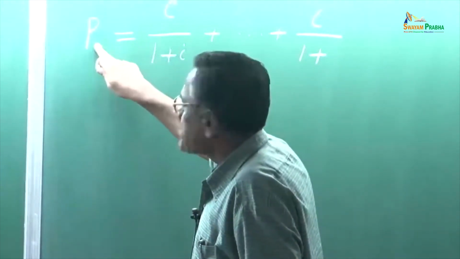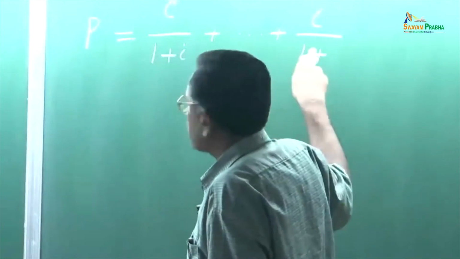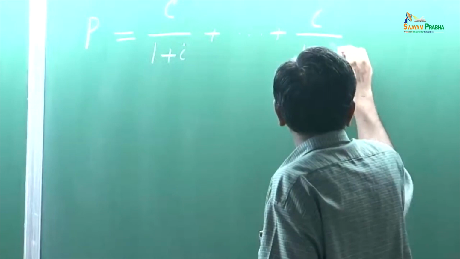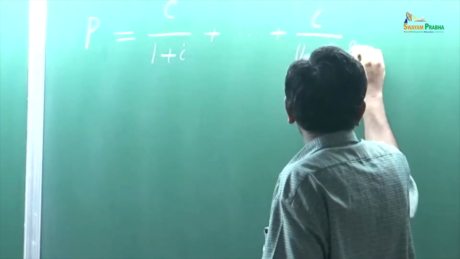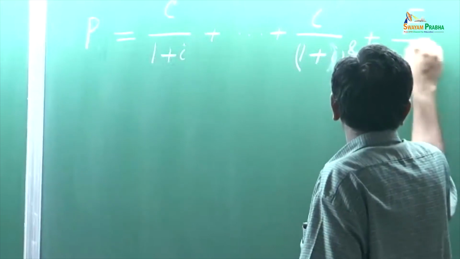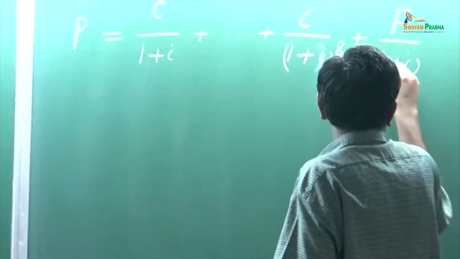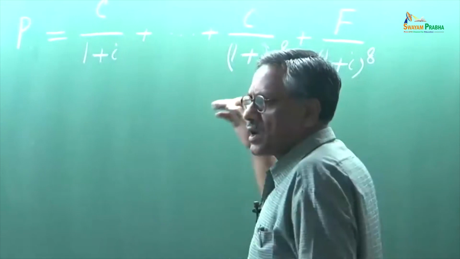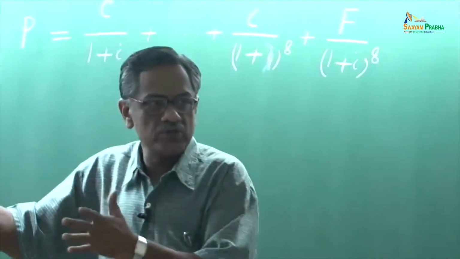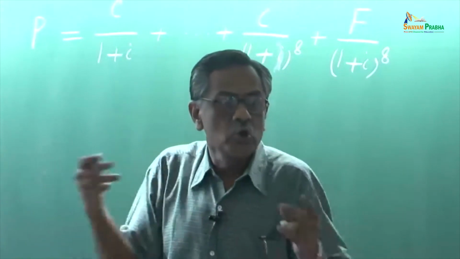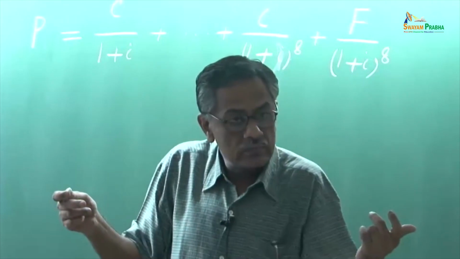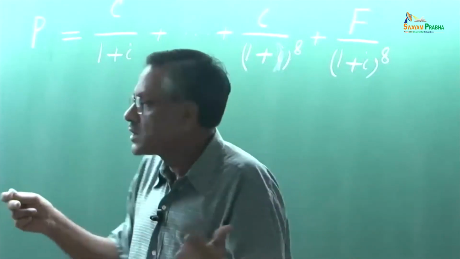Now, I want to know whether that price matches all the return that I will get for 8 periods plus the face value of the bond which I will get back after 8 periods, which will be the end of the maturity of the bond, which is a 10-period bond. 2 periods already have gone with the first investor. I am the second investor.